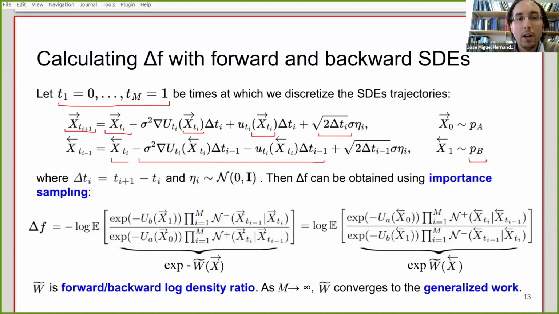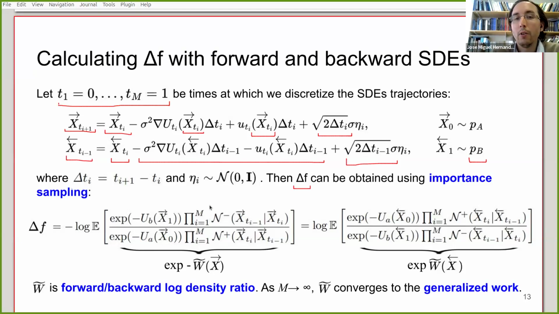You start with a sample from PB here, you add this constant, and then you add Gaussian noise with this standard deviation, and you will get the next point. Okay, so now you have this discretization in the forward and the backward direction, starting from samples from PA or PB. And then you can estimate the free energy difference just using importance sampling.